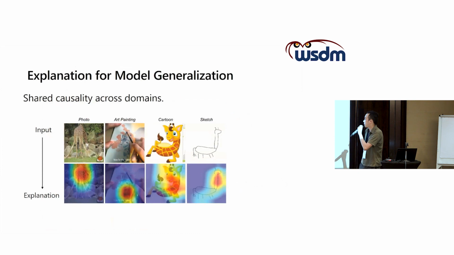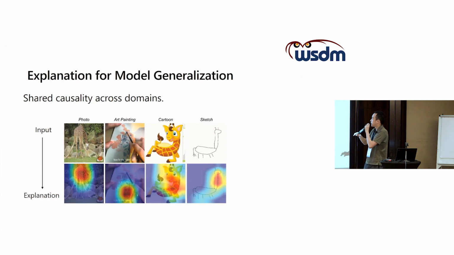Here is the photo I copy pasted from one paper using the explainability for domain generalization. As you can see, based on explanation here, we activated some meaningful information, which actually can benefit the final prediction.